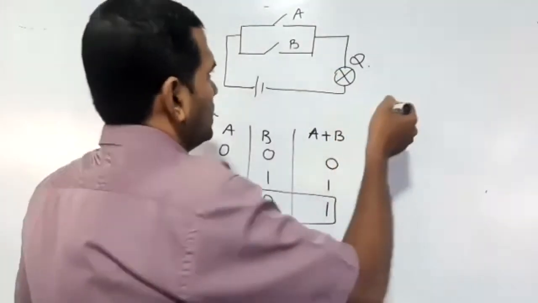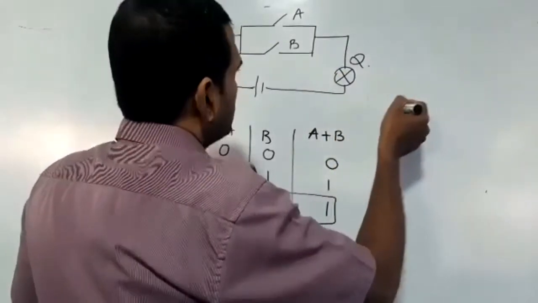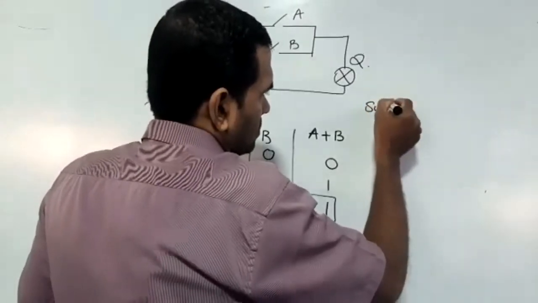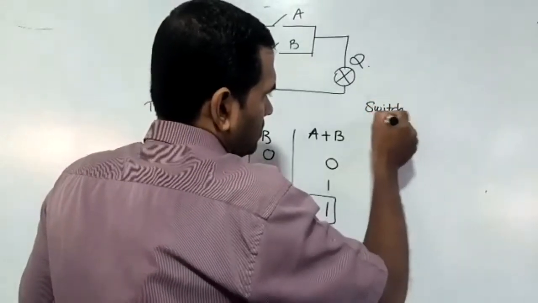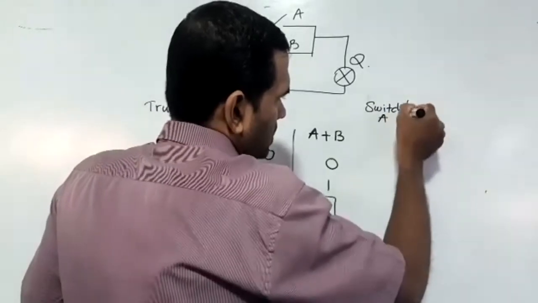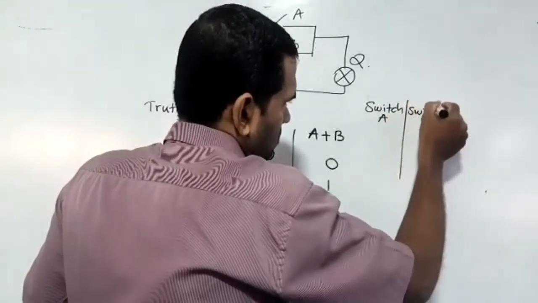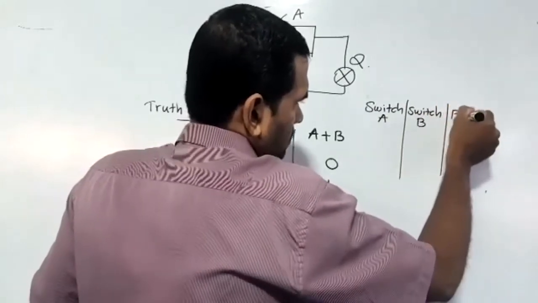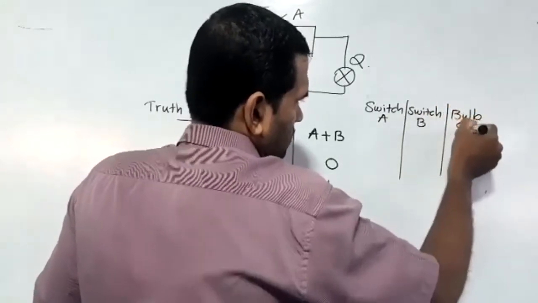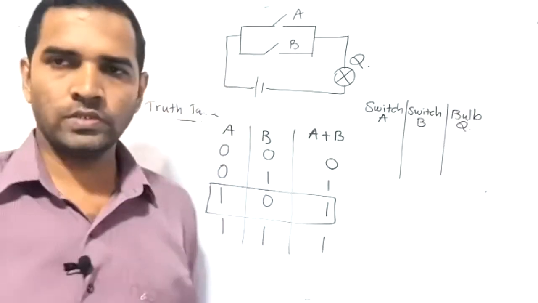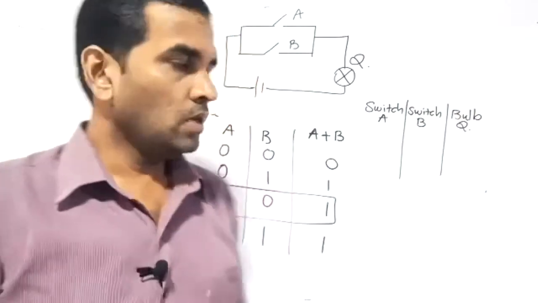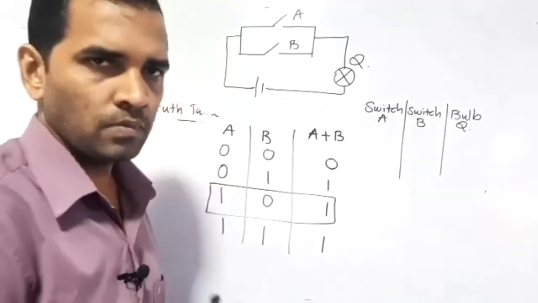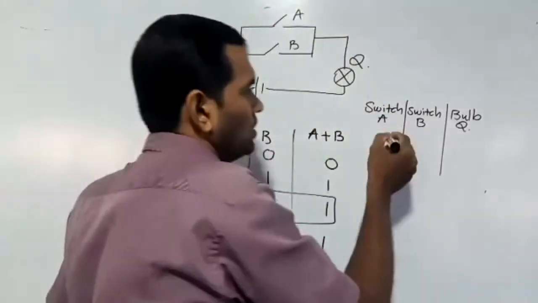Let's understand them with the help of a table. Switch A, switch B, and bulb Q. Right, look at the current position. Now both switches are off, switch A, switch B, both are off.